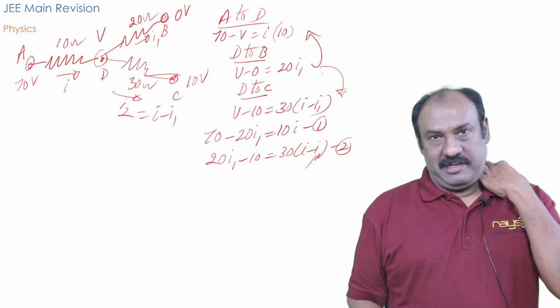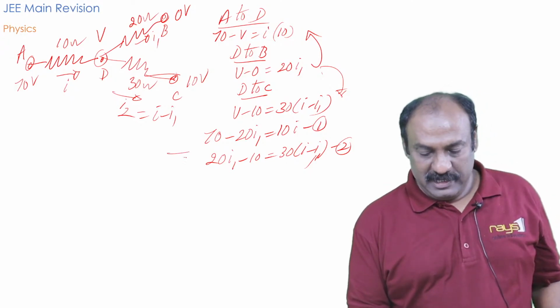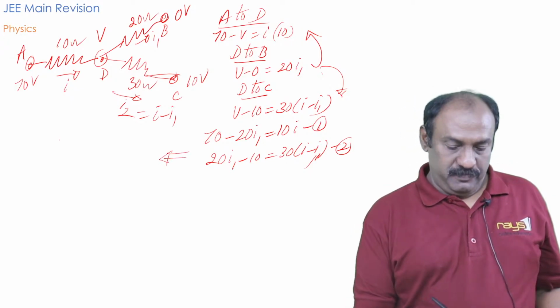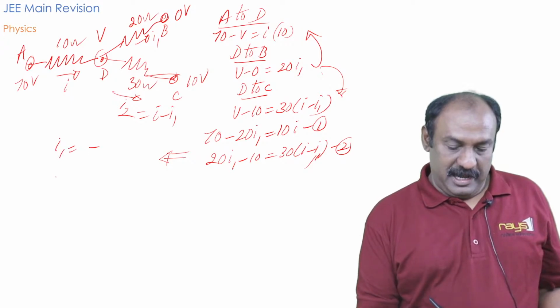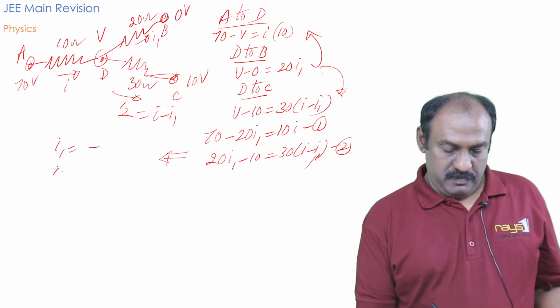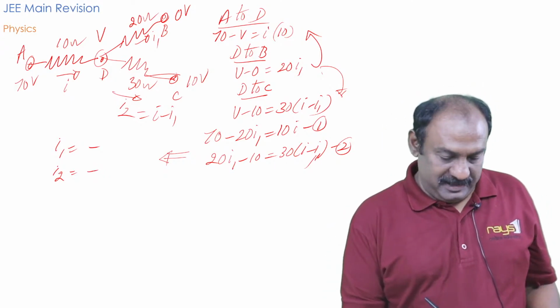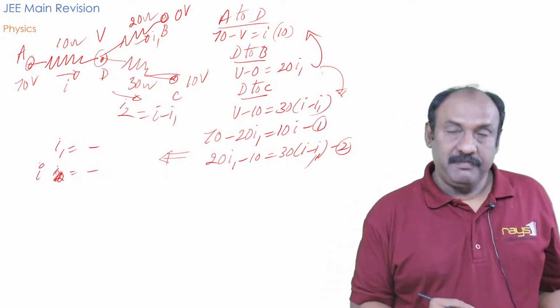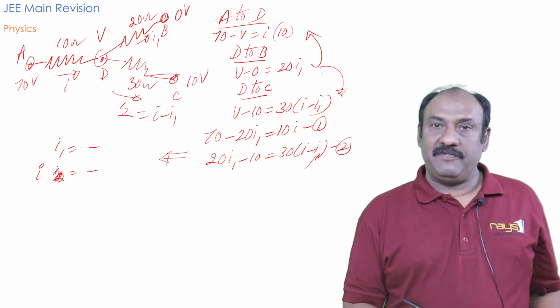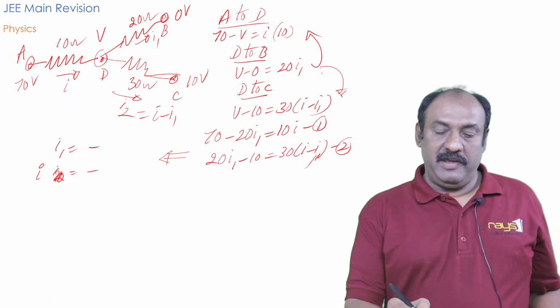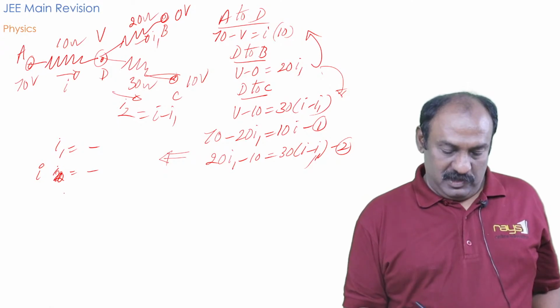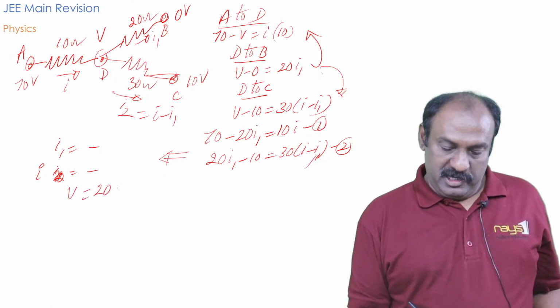Two equations. So from this we can easily calculate I1 and I2. After calculating I1 and I, what do we want? The V value. Simply take V equal to 20 into I1.